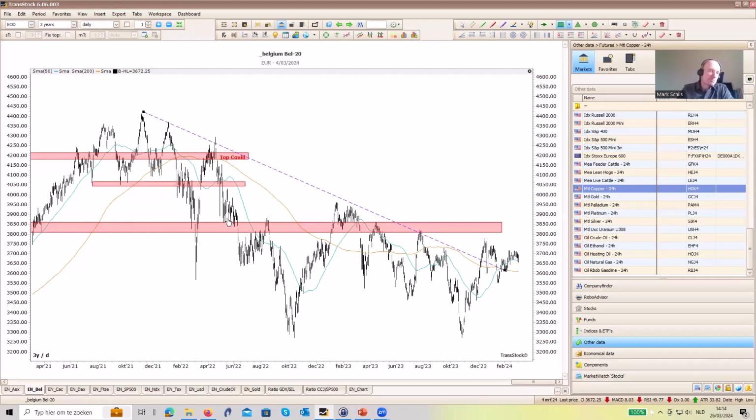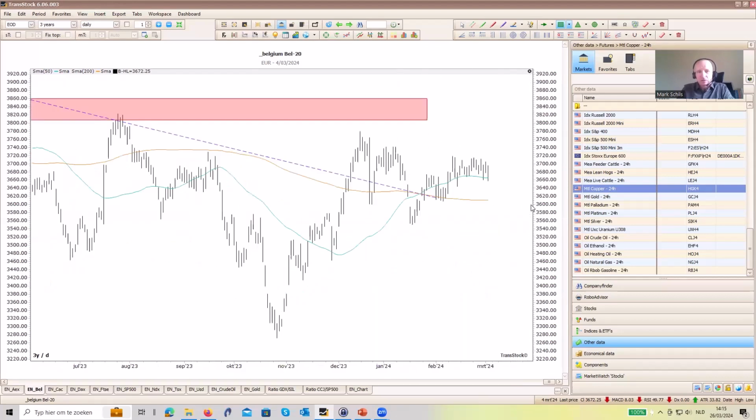Of course, it seems that the real downtrend has ended. So if I take a quick zoom into this chart, you see it's really important that the index remains above. I'm going to add another green support.